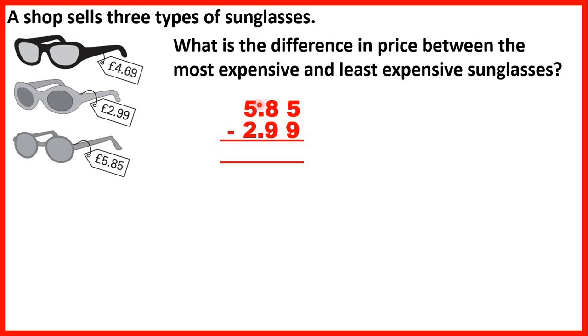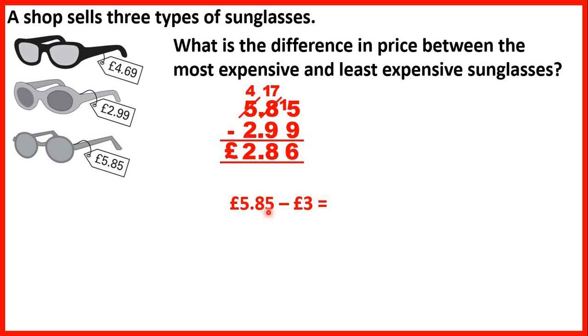So if we use column subtraction, we can copy down the decimal point and then subtract as normal to get a difference of £2.86. We could also subtract £2.99 by first subtracting £3 and then adjusting by adding 1 pence.